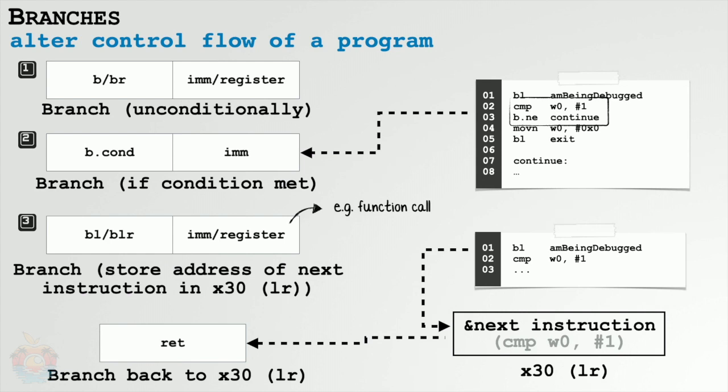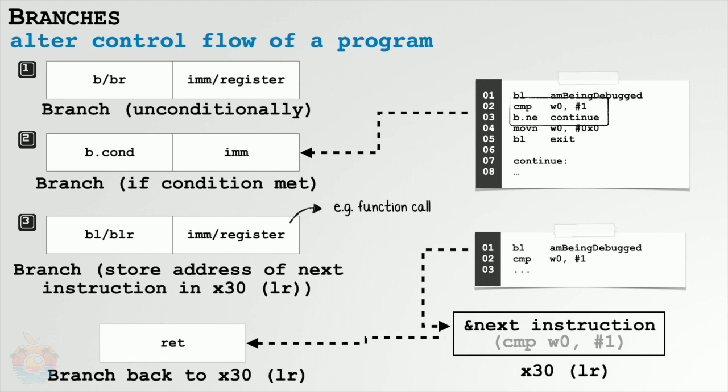Give it an address or a register, and it will unconditionally jump to that and continue code execution there. On the last slide, we talked about conditional branch instructions. These are the next type of branch instructions. These will only branch if the condition is met. If the condition is not met, it's essentially a no-op, and program control will just continue sequentially.